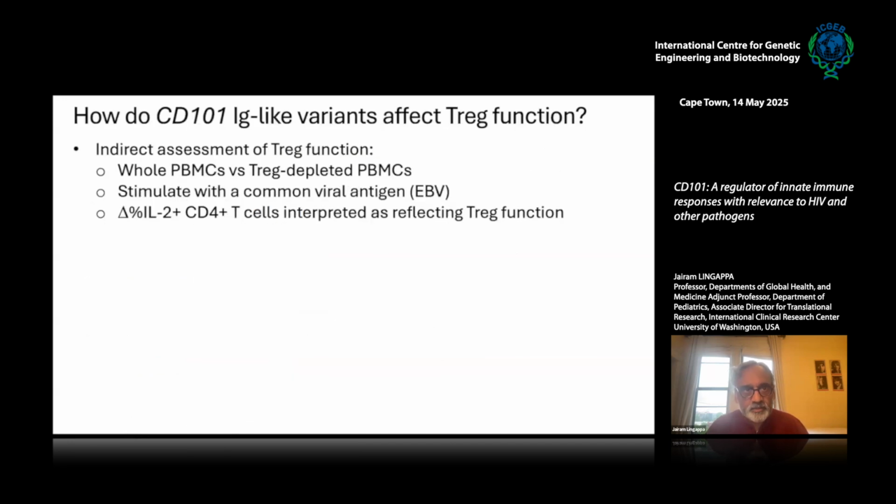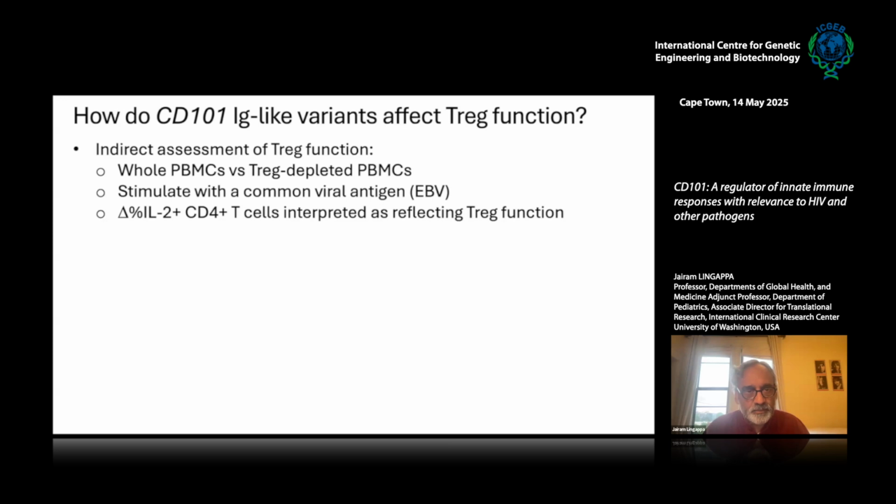But then the question is, how do these variants affect the regulatory T cell functions? It's harder to assess regulatory T cell functions because in general practice, regulatory T cells suppress inflamed or activated T cells. And so looking at that functional effect of suppression is harder to do. But Dr. Lund's lab took the approach of doing an indirect assessment comparing whole PBMCs versus PBMCs where regulatory T cells have been depleted.